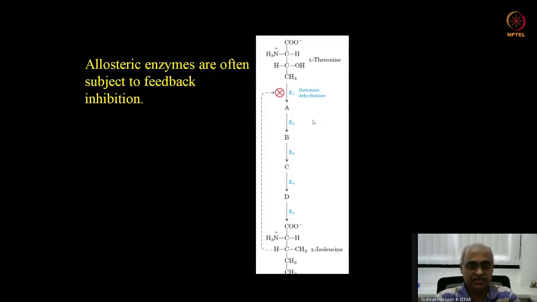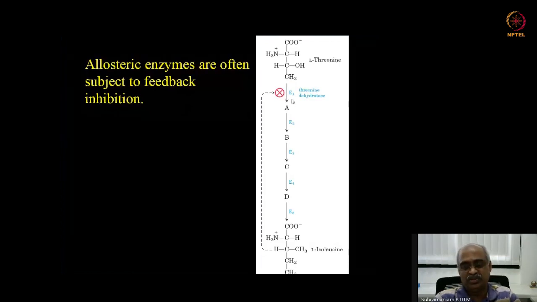In such a situation, making A is useless when you have a lot of isoleucine. That kind of step is called a committed step, meaning by doing this reaction, you are committing this threonine to making isoleucine. Usually that is the step that is regulated allosterically, and in this particular case, committed steps are usually rate limiting also.